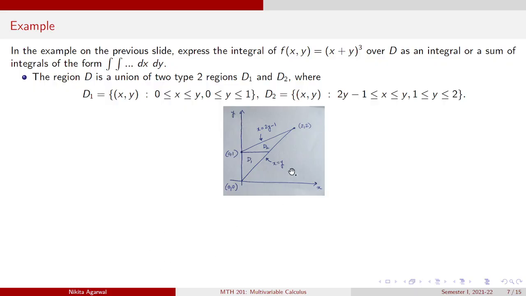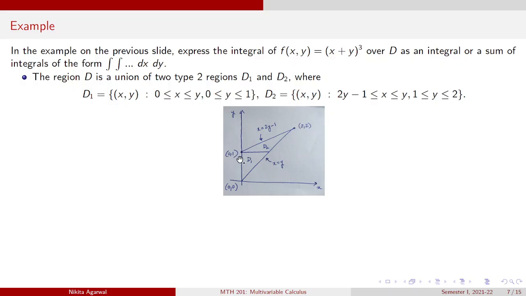So you can write this region D as a union of two regions. One is D1, other is D2. Okay. And you want dx dy, which means that you want to write it as a type 2 region. But you notice here that both D1 and D2 are type 2 regions. And how?